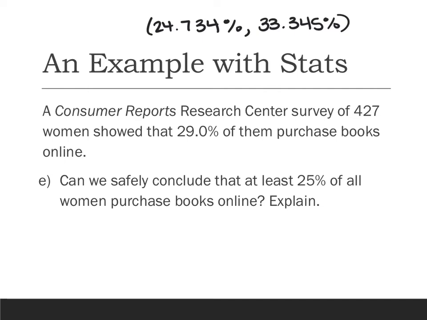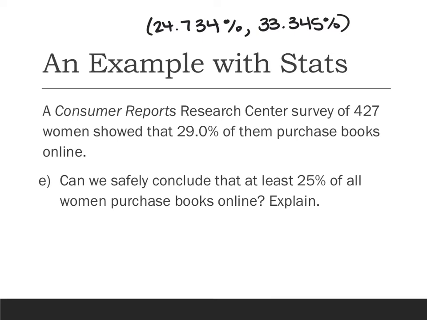So this question says, can we safely conclude that at least 25% of all women purchase books online? And of course, we want to be able to explain whether we think this is something we can say or not. And this one, I typically end up getting a lot of yeses because 25% is within the confidence interval.